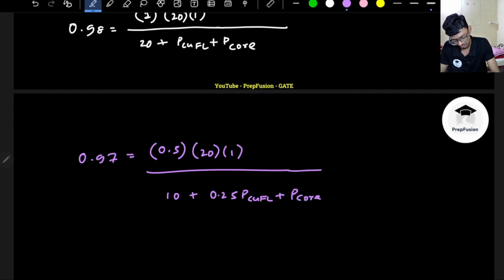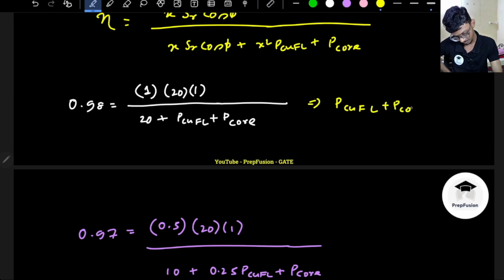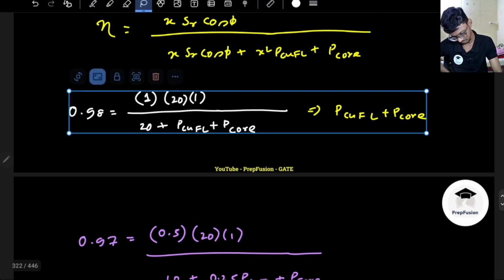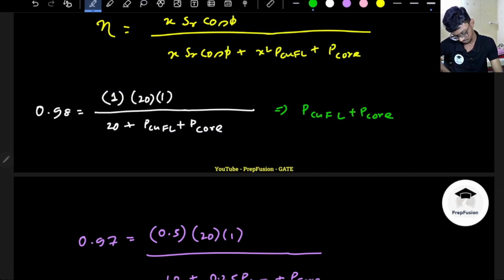Okay. So from here actually I will be able to find out the values, right? So from this equation, if I rewrite this equation, my P_cu FL plus P core will be equals to 20 divided by 0.98 minus 20, so this is 0.408 kilowatts.